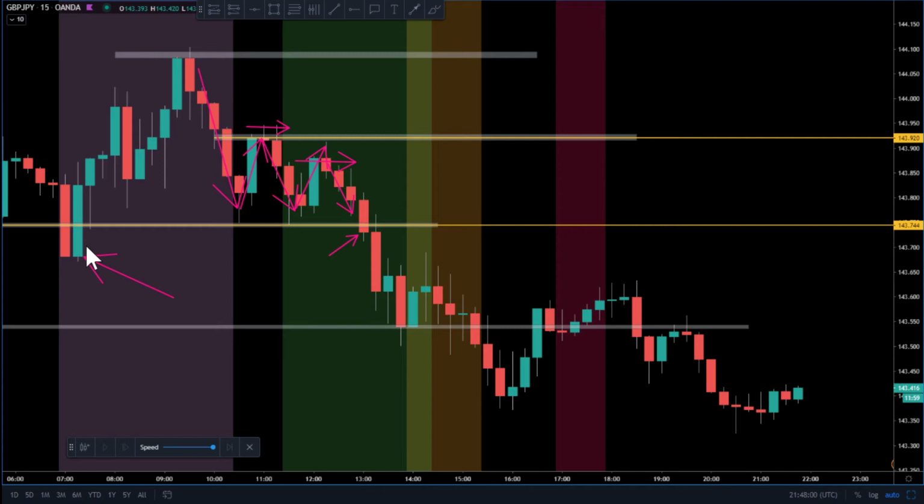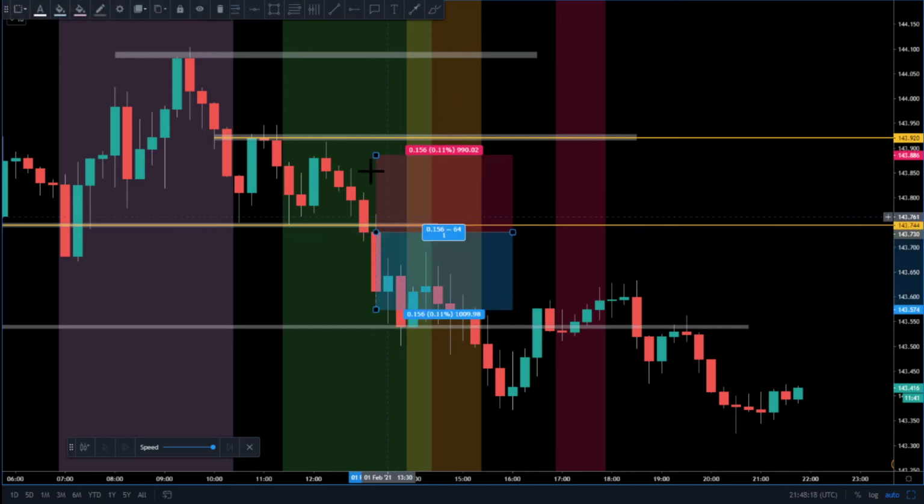This support formed at the start of the UK session, but my bias was short, so I was willing to take a risk here. So I put in my entry on the close. Stop loss was above this candle.